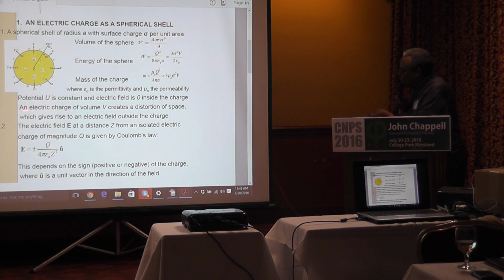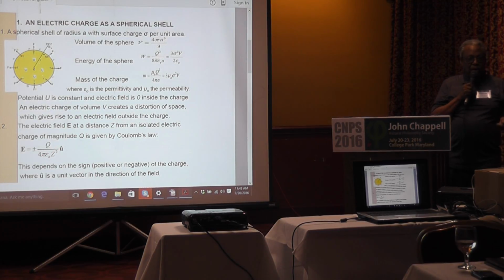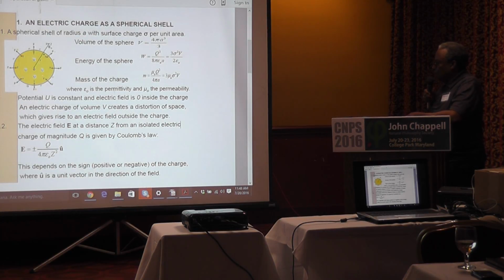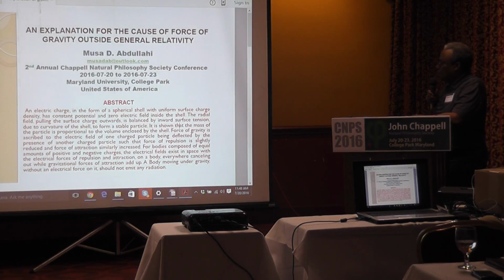Next, we have the equation for the electric field due to an isolated electric charge, the well-known Coulomb's law. It's the bottom one.